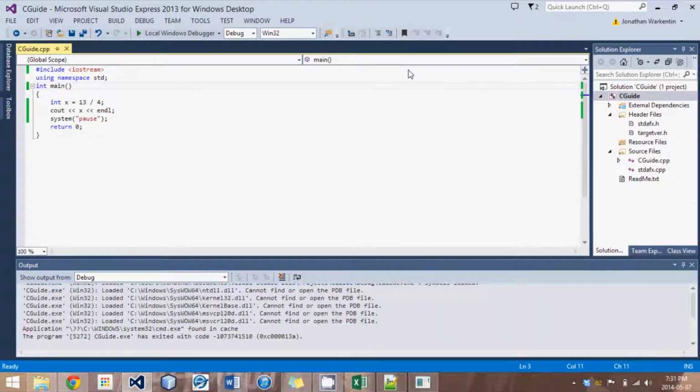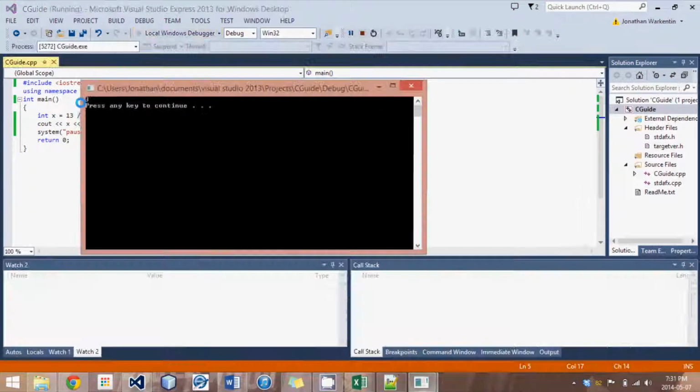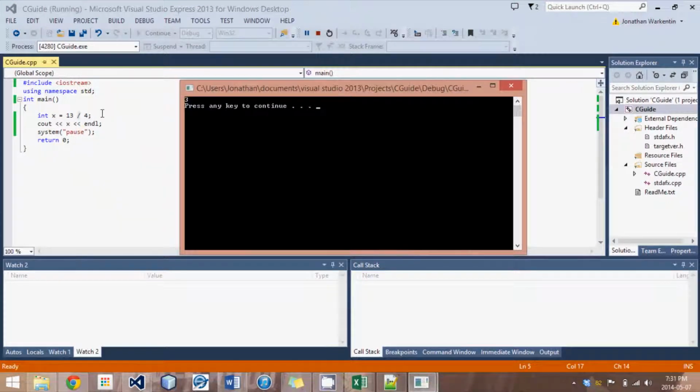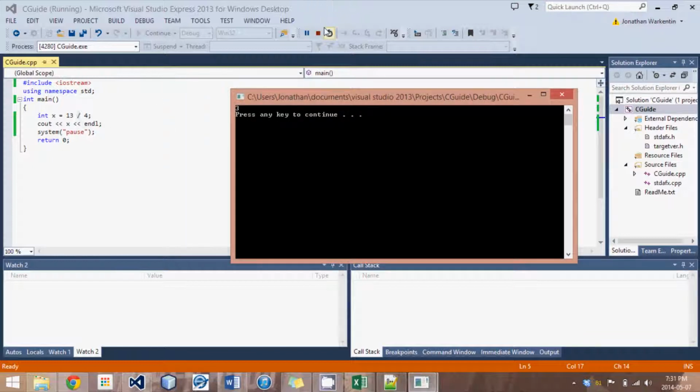Now, what about that remainder? How do we figure out what was not included in this value? Because obviously, 13 divided by 4 times 4 should equal 13. But in this case, 13 divided by 4, which is 3, times 4, is 12. So we need to figure out this missing remainder.